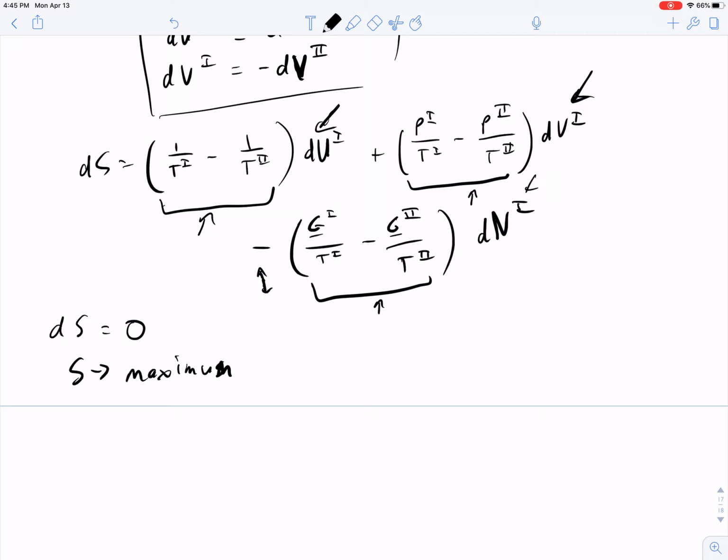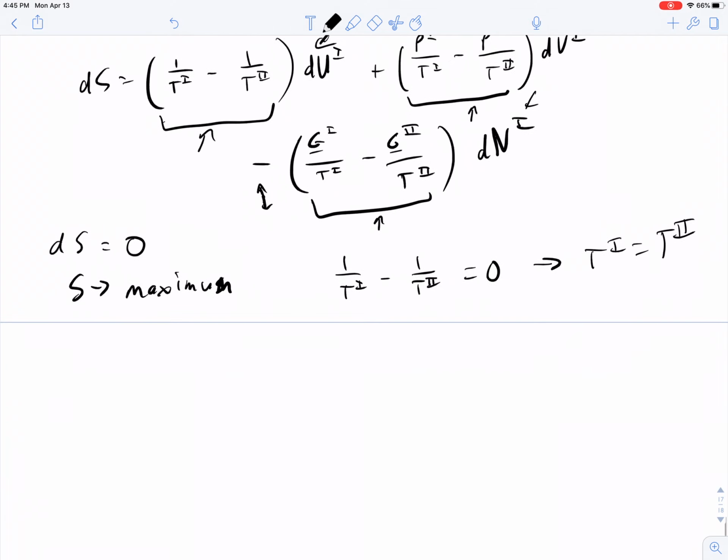So if we just force 1 over temperature 1 minus 1 over temperature 2 to be equal to 0, this gives us temperature 1 equals temperature 2. Of course, at equilibrium, this is intuition, the temperature in the two partitions, the two phases in this example, are going to be equal. If there isn't equality in those two partitions, then there's going to be a temperature gradient. When there's a temperature gradient, there's going to be a flow of energy. So that one makes sense.